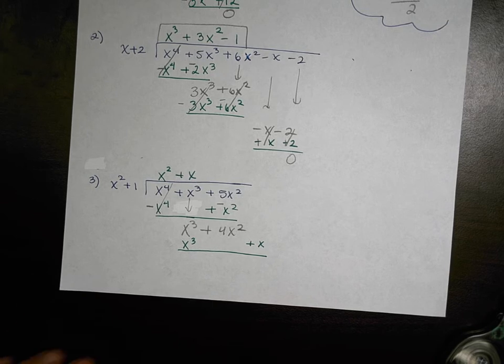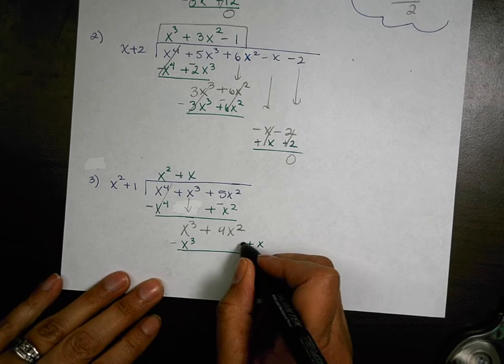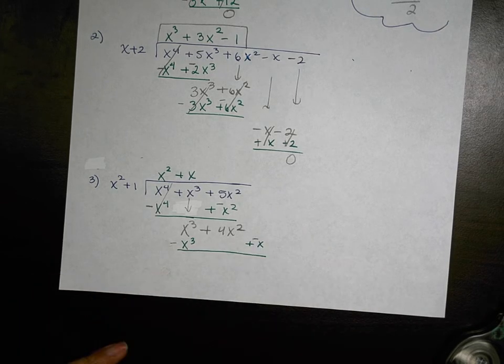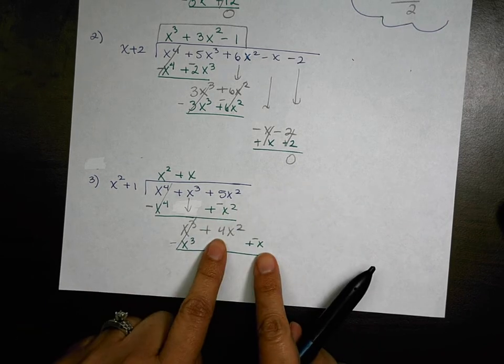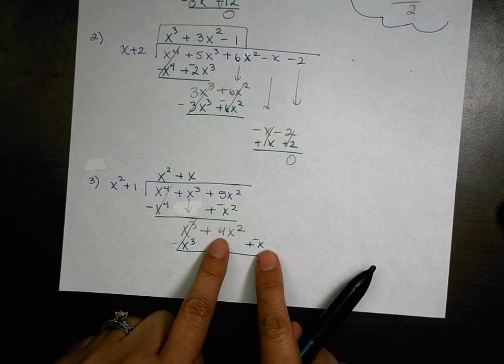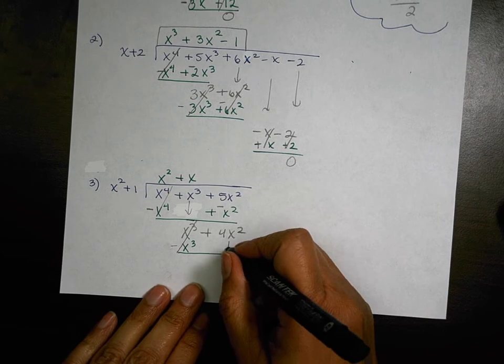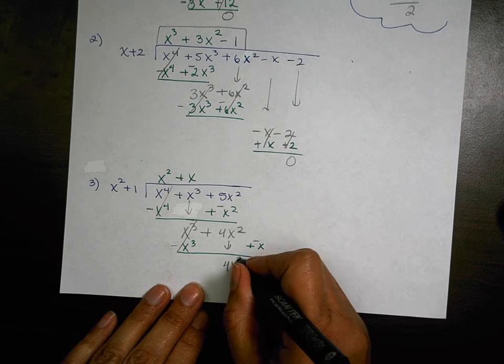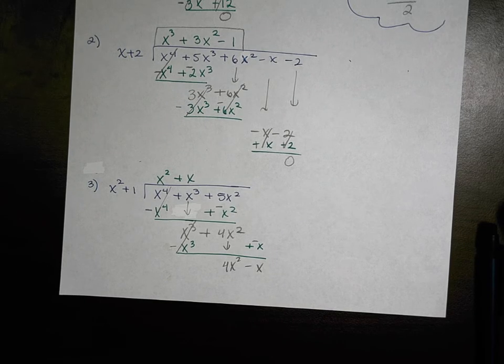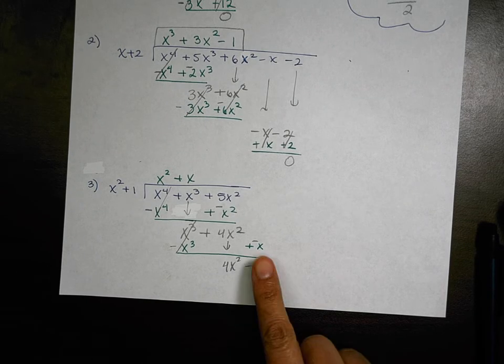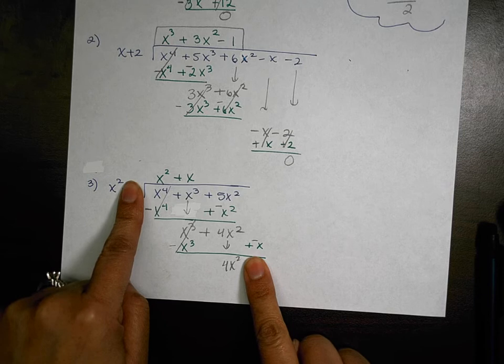I'm going to subtract and subtract. This one cancels out. And do either of these guys have like terms? No. So drop the 4x squared and the minus x. And you still continue. X squared times what is positive 4x squared? Positive 4?